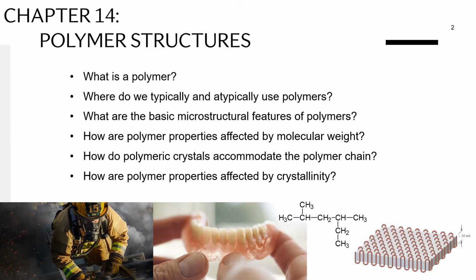We're going to talk about the typical uses of polymers. We're going to talk about the structural features of polymers, their properties. We're going to talk about how these properties are modulated by their chemical structure, by their molecular weight and their crystallization.